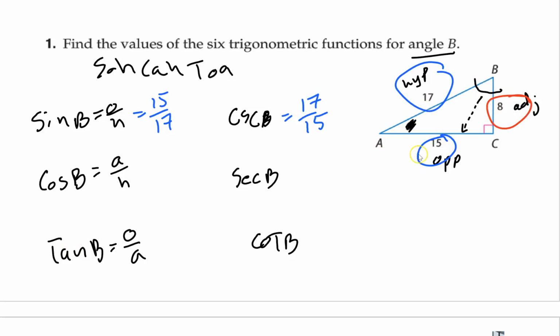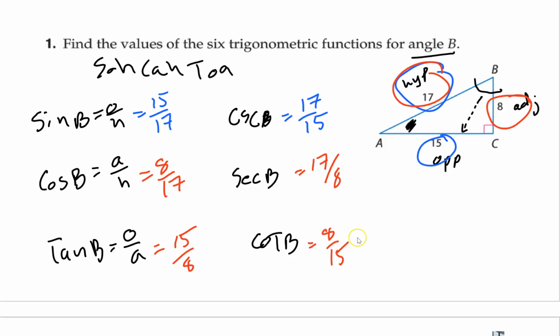So 8 over 17, which makes this 17 over 8. And then tan is TOA, opposite over adjacent, 15 over 8. And this is 8 over 15. And that's how I find the 6 trig functions if I give you a triangle, right? Just label the sides, SOHCAHTOA it, and then you're good.